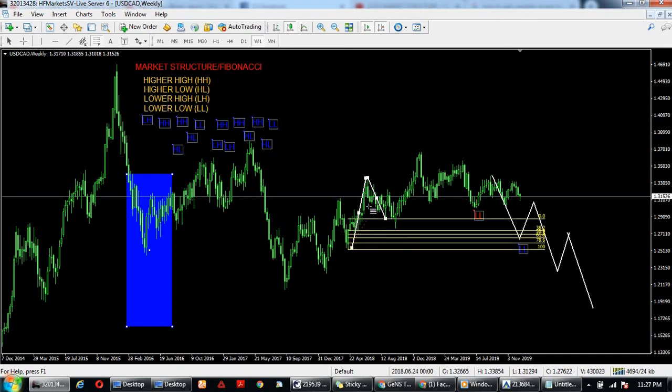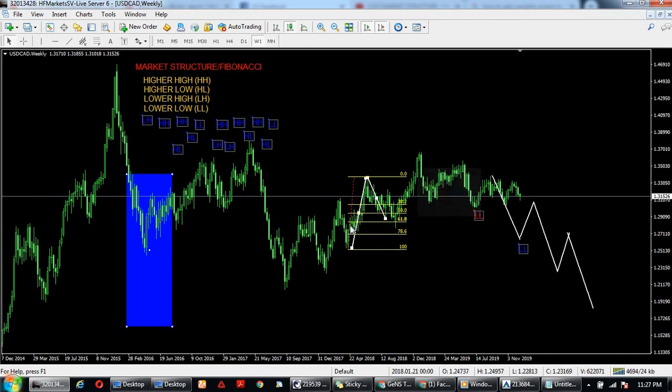From swing low to swing high, and then I'm waiting for price to come into my strong zones. We could see price head into the 61.8 zone, and then we can look for entry opportunities to ride the impulsive movements back again to the upside.